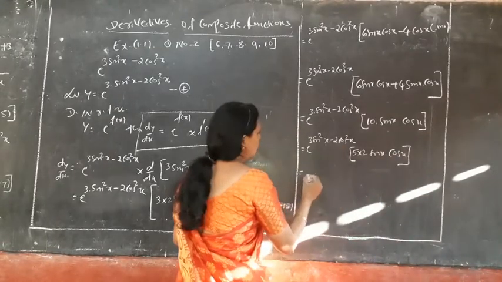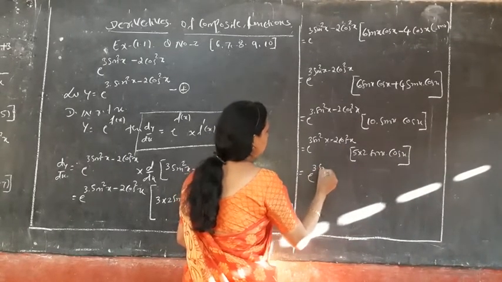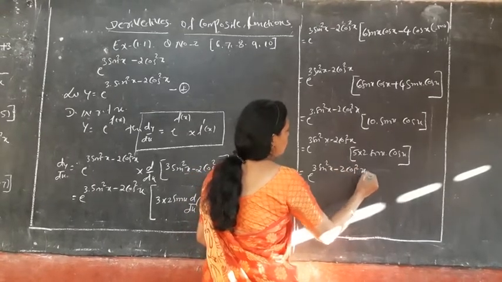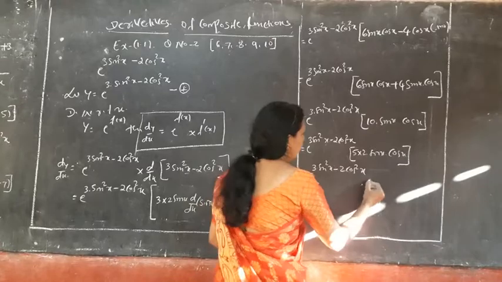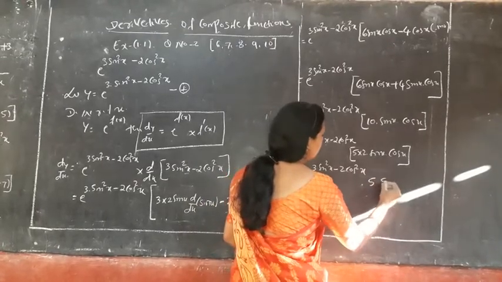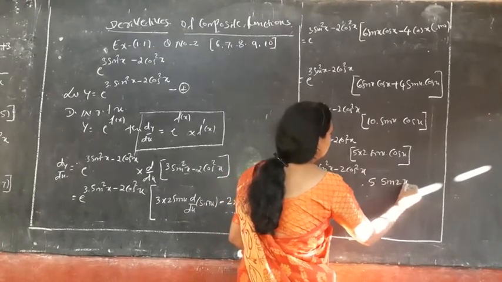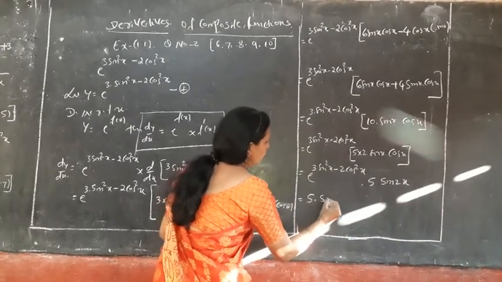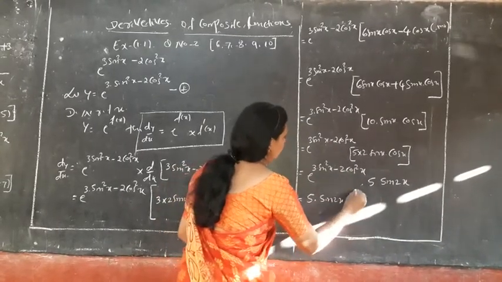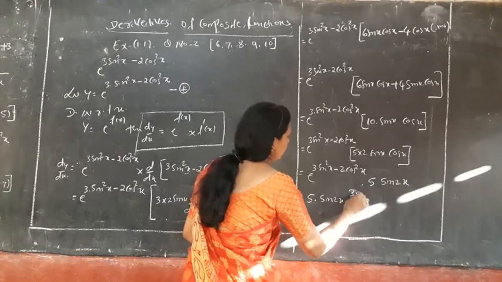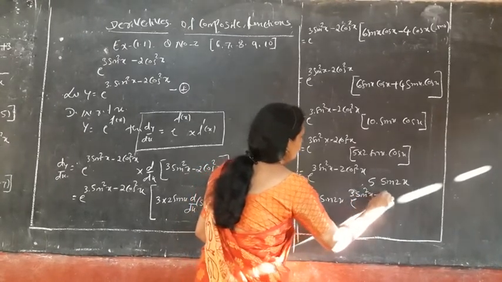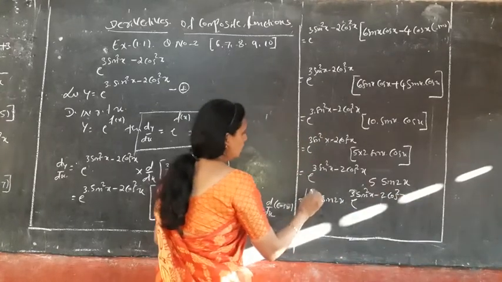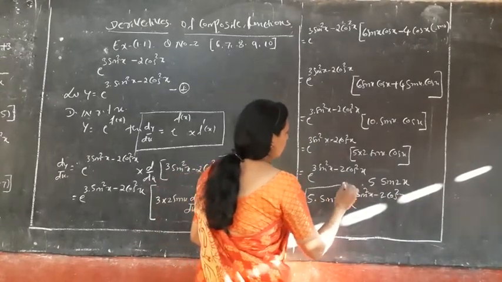So write here e raised to 3 sin square x minus 2 cos square x into 5. We can write this as sin 2x. Therefore the answer is 5 into sin 2x into e raised to 3 sin square x minus 2 cos square x. This is the answer.